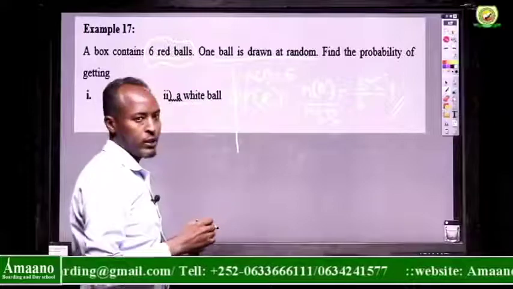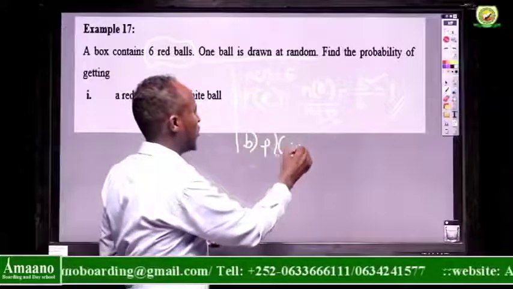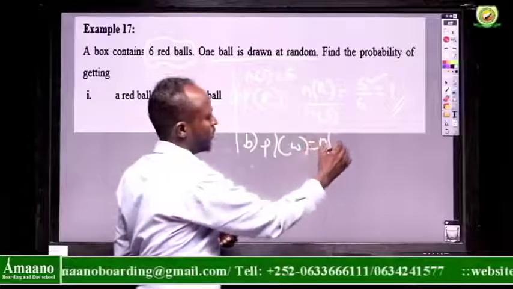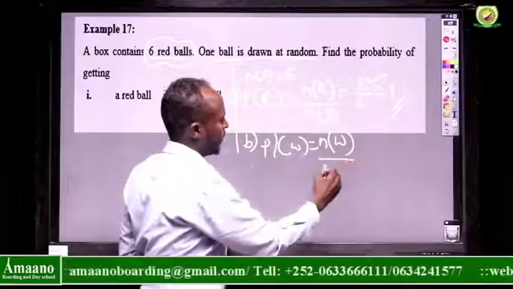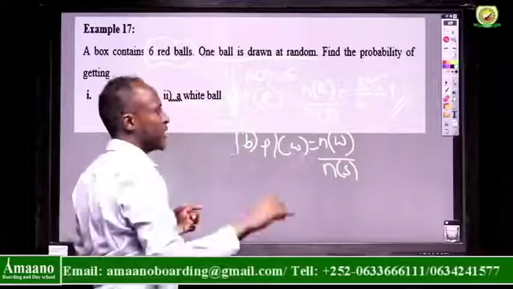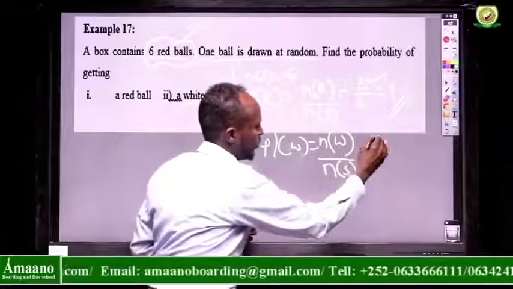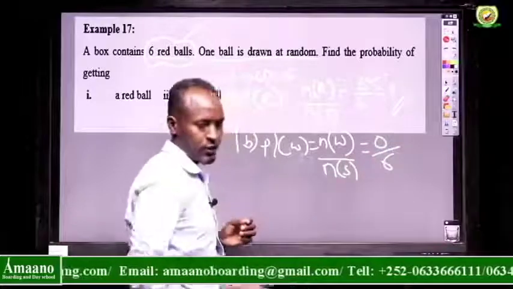Part B: the probability of getting a white ball. It is the number of white balls divided by the total number of balls. Look here, we have only 6 red balls. There are no white balls. Therefore, 0 white balls divided by 6 balls.